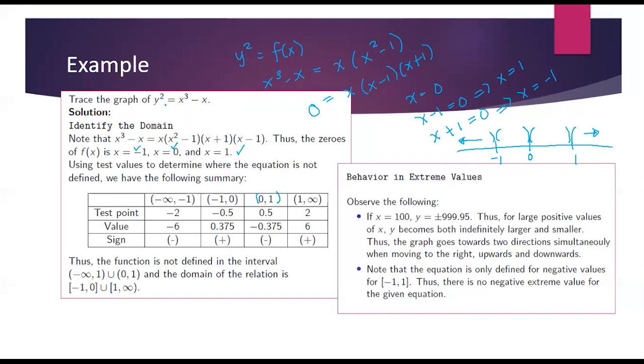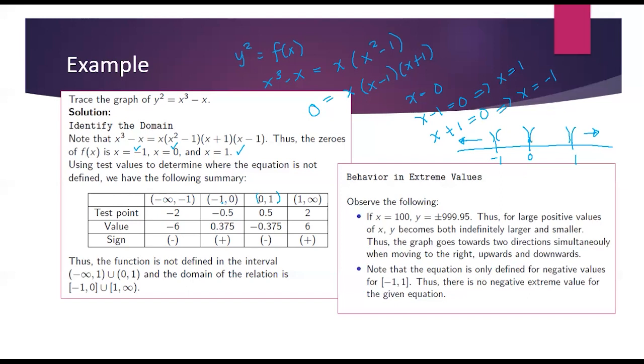So now we constructed the 4 intervals. You have to choose now your test point. For this open interval, negative infinity to negative 1, I will choose a number between this, say for instance negative 2.